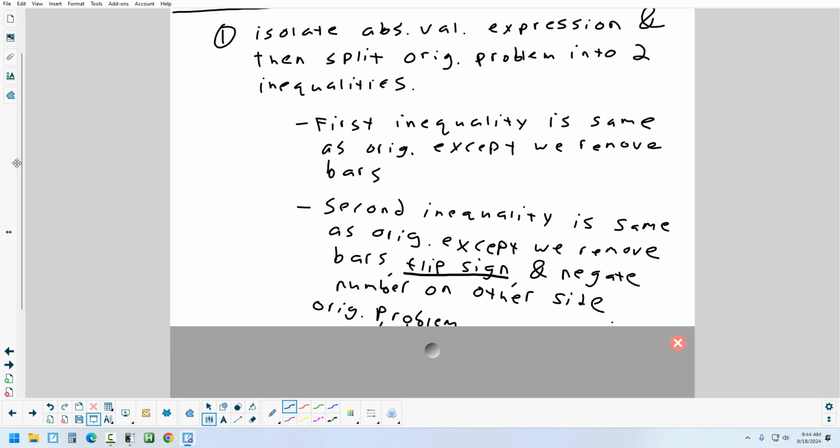Now, yesterday I said that when we do an absolute value problem, the two answers are always connected with the word or. I'm sorry, when we did an absolute value equation, it was always x equals this number or x equals this number. With inequalities, we don't always use the word or in the final answer.